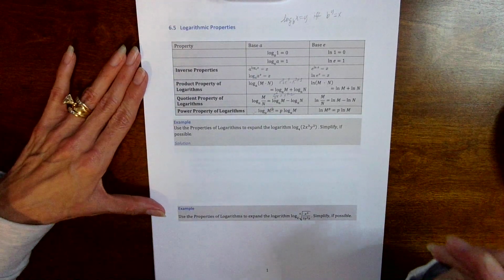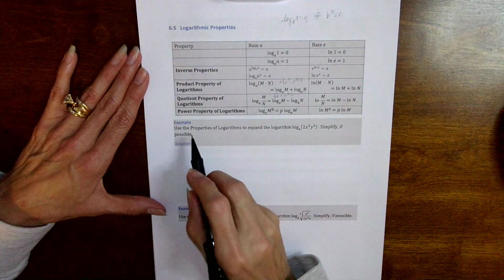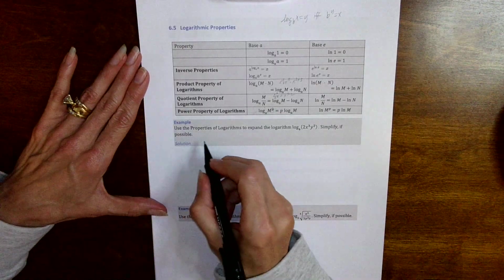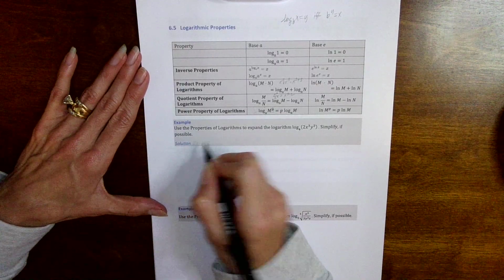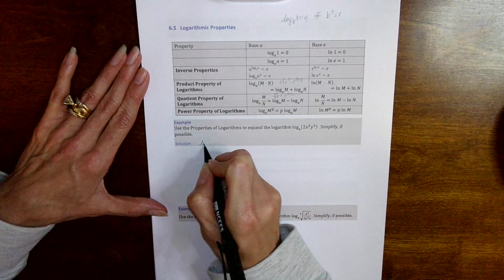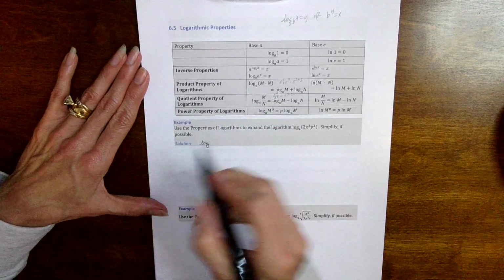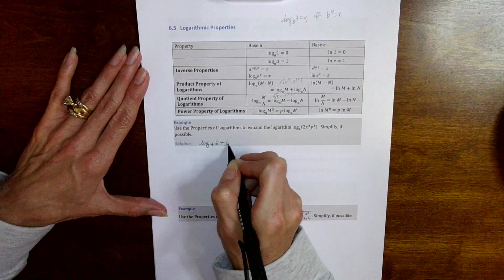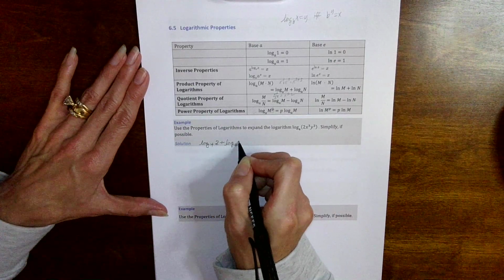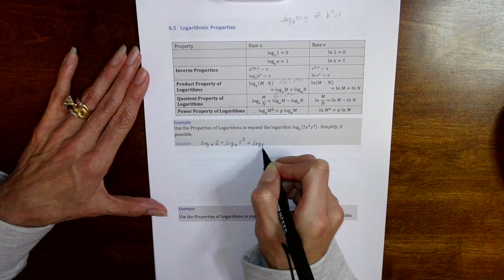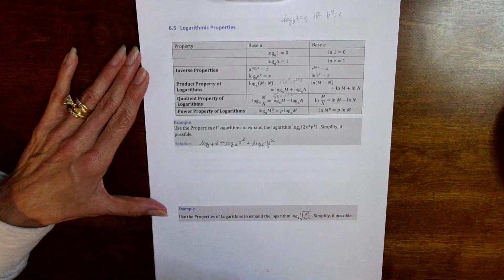Alright, so let's look. We're going to use the properties of logarithms to expand this expression and simplify it if possible. These are all multiplied, so I'm going to rewrite them as added. So log base 4 of 2 plus log base 4 of x cubed plus log base 4 of y squared.